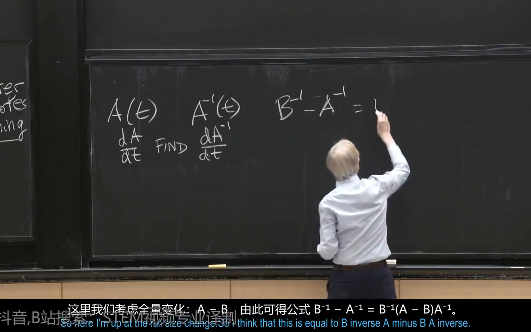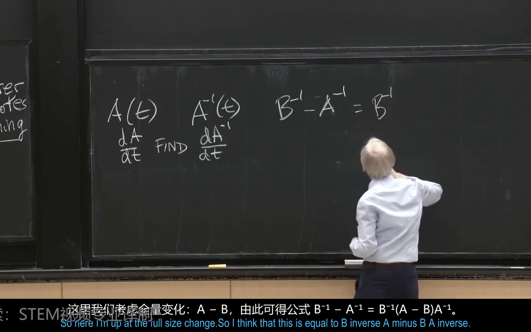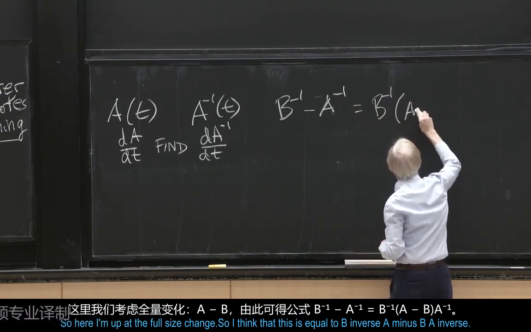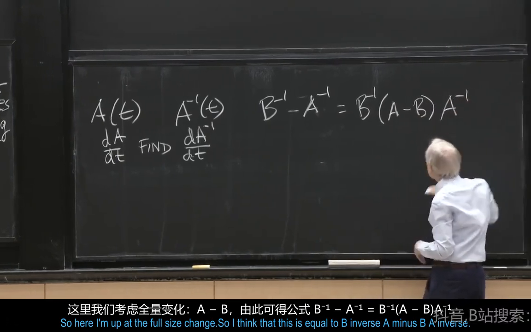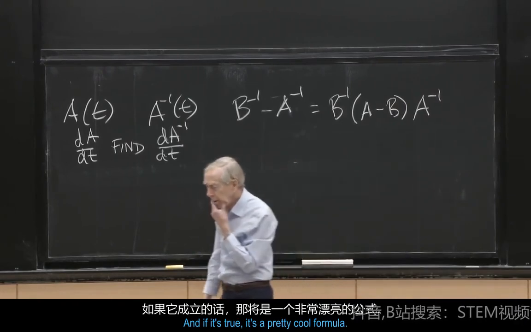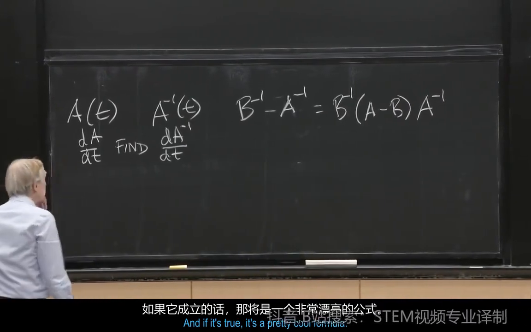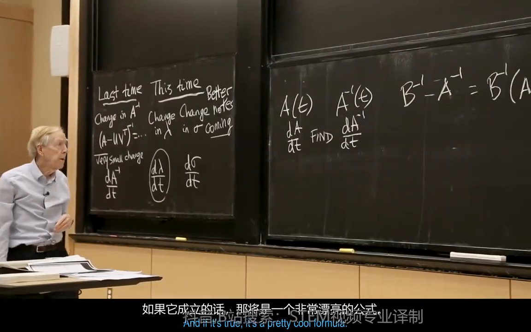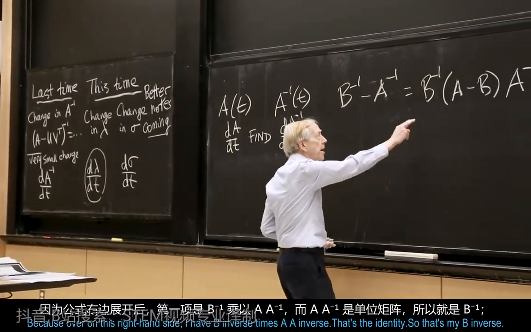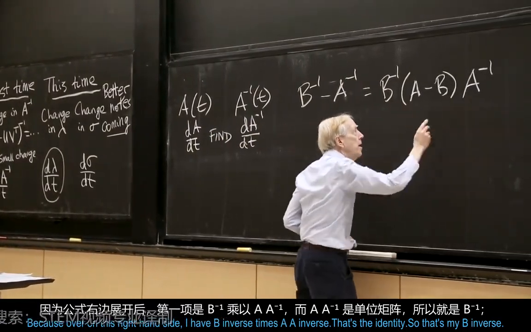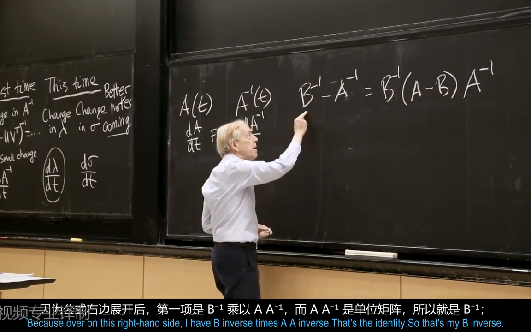So I think that this is equal to B inverse times A minus B times A inverse. And if it's true, it's a pretty cool formula. And look, it is true. Because over on this right-hand side, I have B inverse times A inverse. That's the identity. So that's my B inverse.